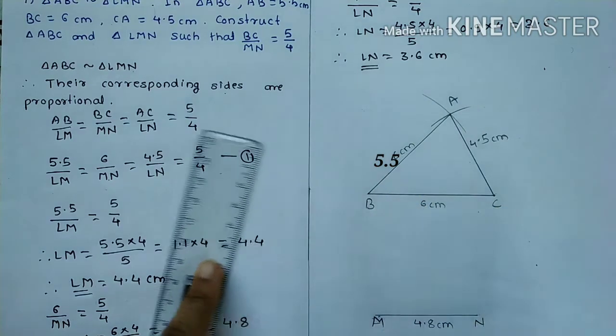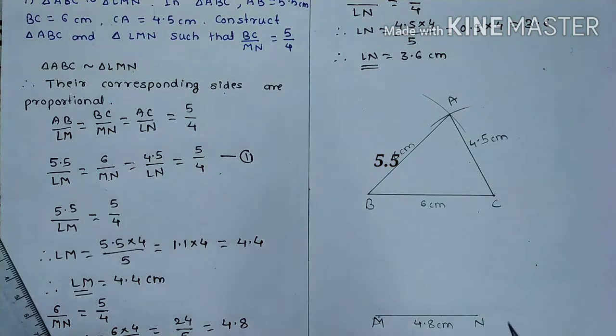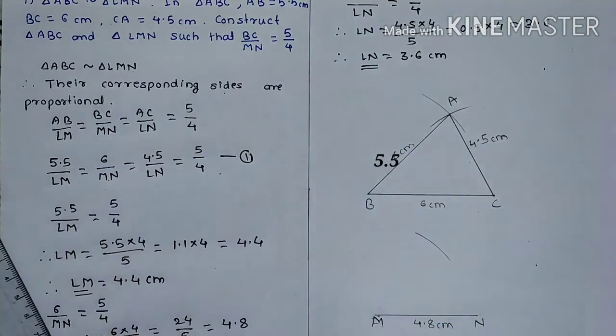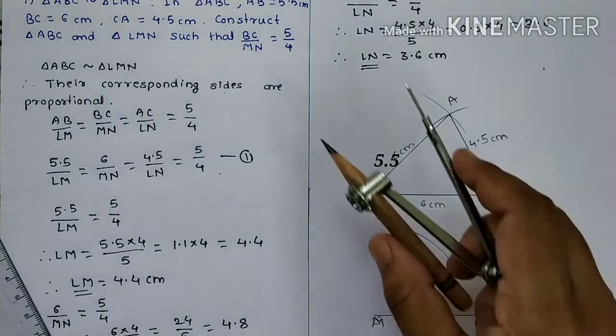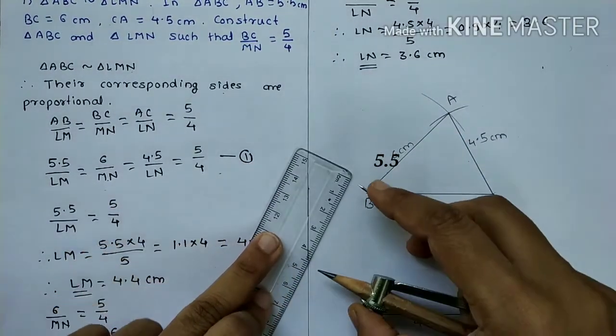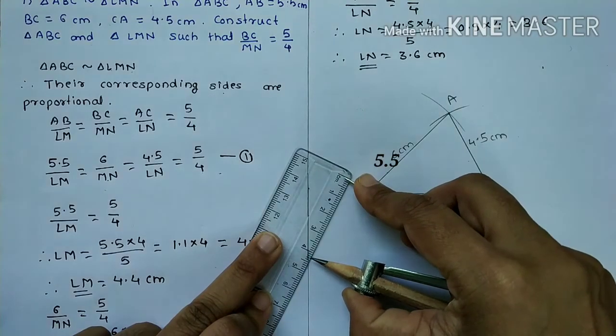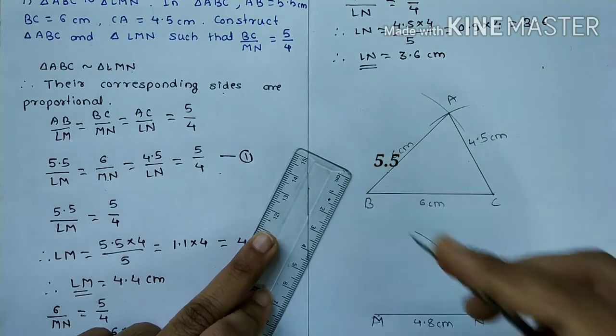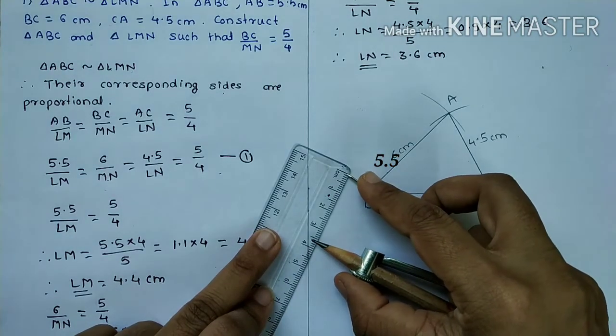Centimeter. Okay. Then keep pointer on point M and cut an arc in this way. Now length of LN is 3.6 centimeter. So now we take distance 3.6 centimeter. This is 3.6 centimeter.